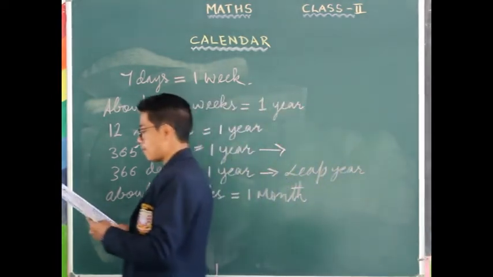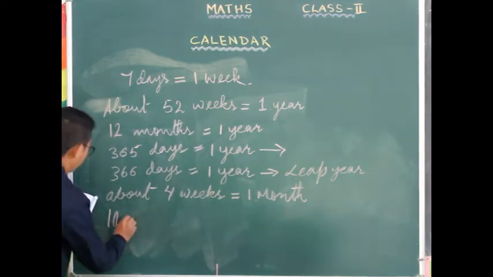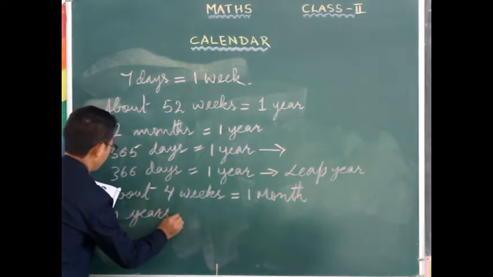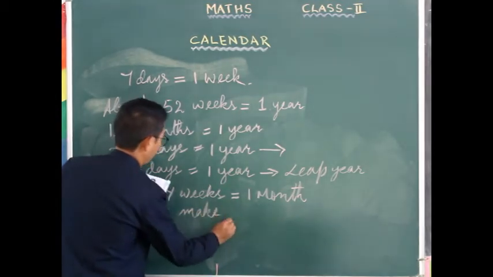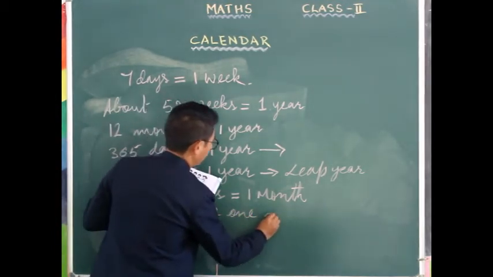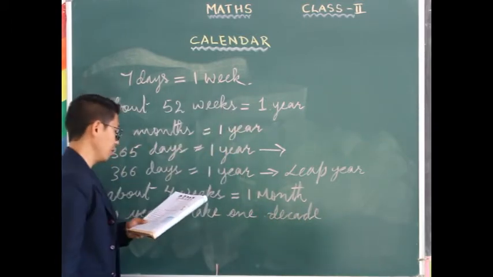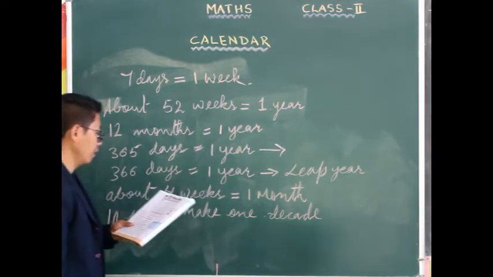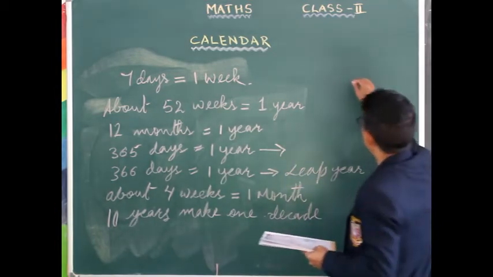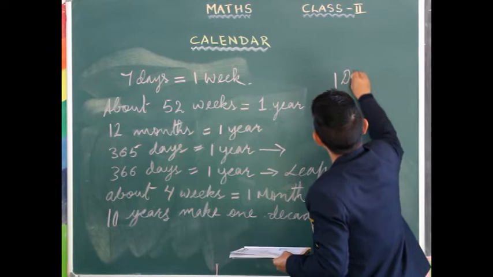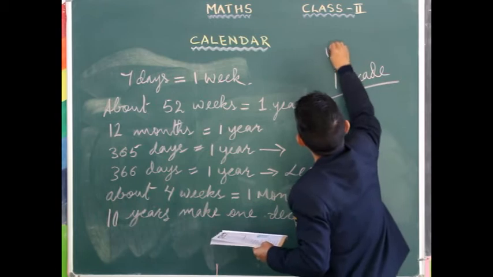All right. Now, next is 10 years. 10 years make 1 decade. We simply write 1 decade for 10 years.